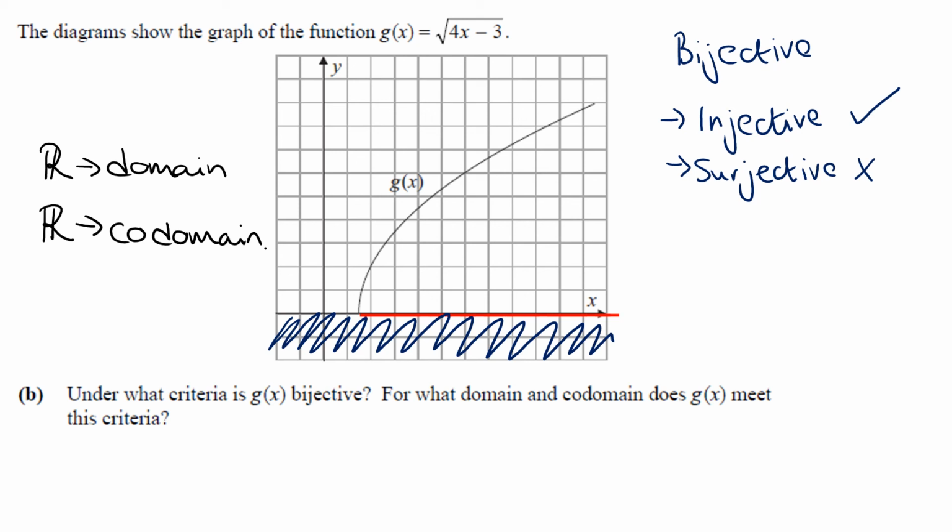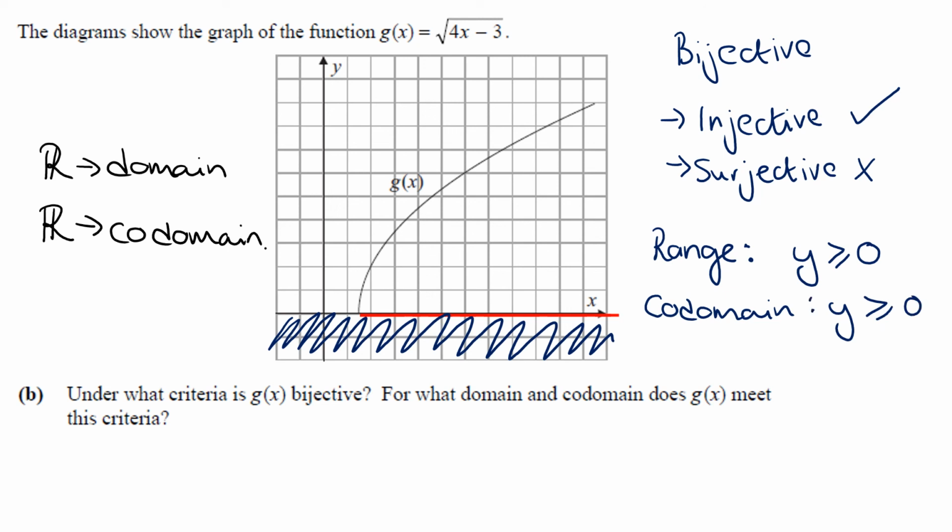So if we think of it in terms of the range of the function, the range was y is greater than or equal to 0. So we want to force the codomain to be the same. So y is greater than or equal to 0. So now the range and the codomain are equal. We now have a bijective function, or at least we have a surjective, and it was already injective.